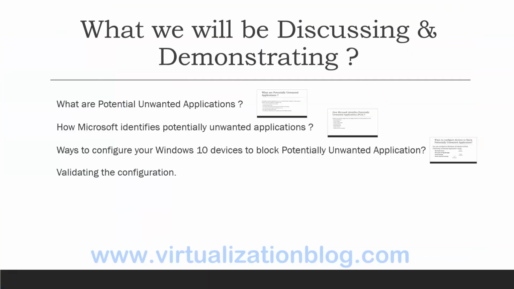So till now we have covered all these options, and now the configuration is already in place. Let me show you how you can validate the settings as well, because that's the real thing; till the time you don't see the impact on the devices, you won't be able to relate it in your live environment.